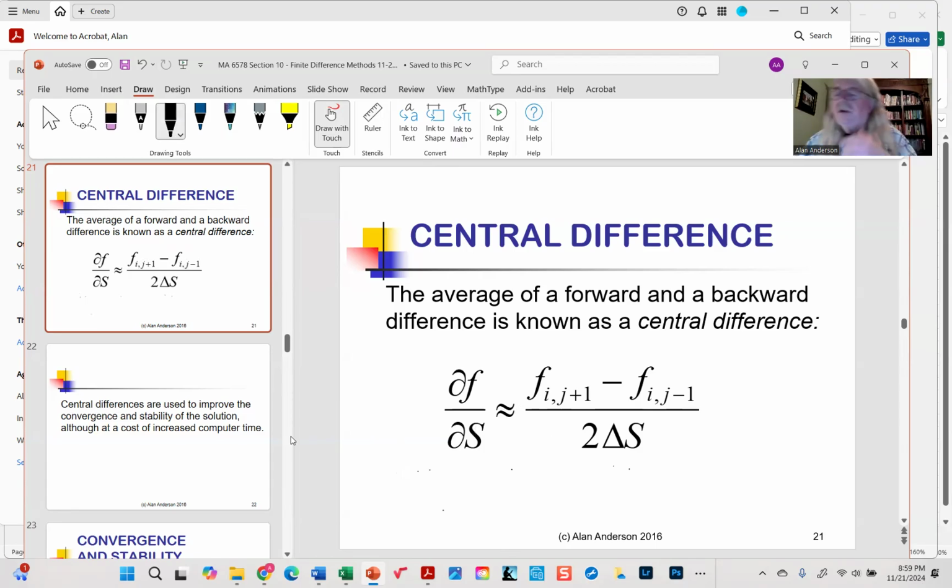And if you notice in the denominator, we have 2 because there's 2 time steps involved. And this is sometimes called the central difference because in effect, you're averaging out a forward and a backward difference. Oh, maybe that's where I went wrong over here.